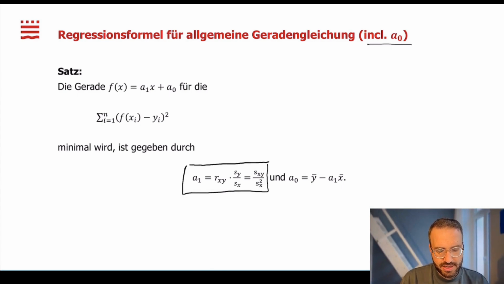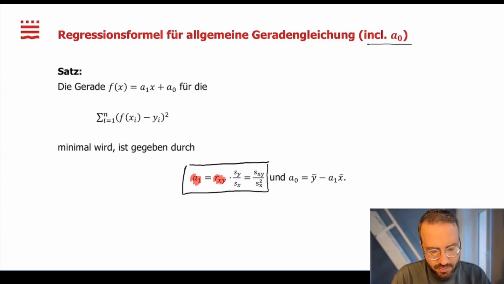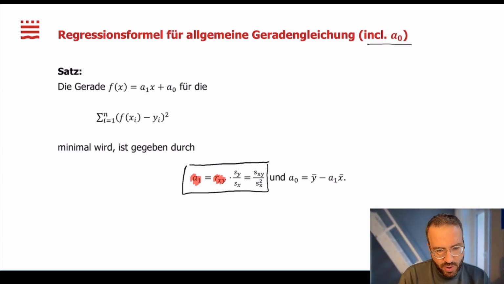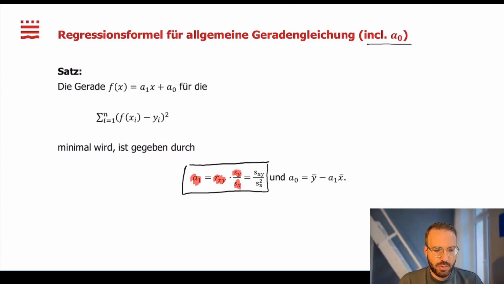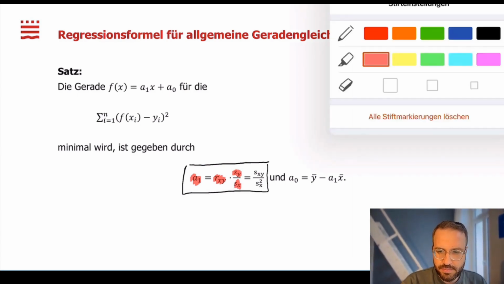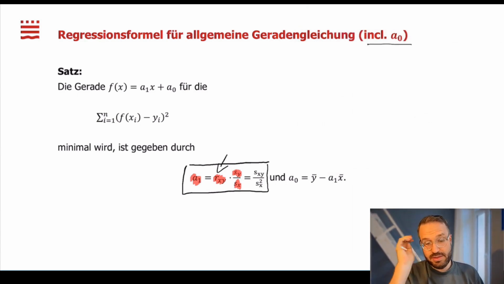So you see we can express this whole thing so that a is the slope, and I can write it as the correlation coefficient multiplied by the standard deviation of y divided by the standard deviation of x. And what we see here is that the sign of this term is completely determined by the correlation coefficient, because Sx and Sy are of course positive.